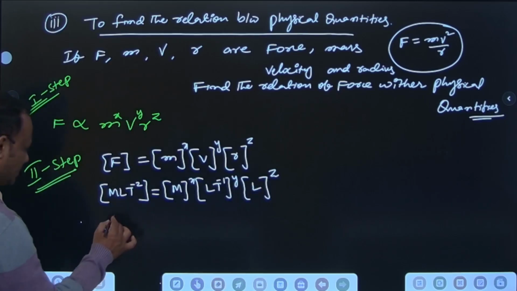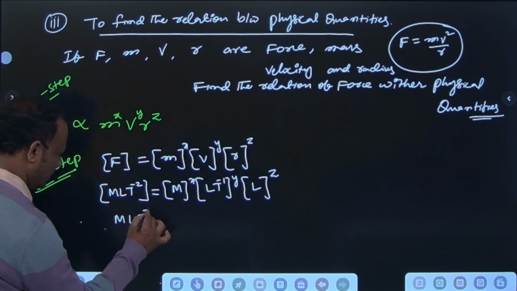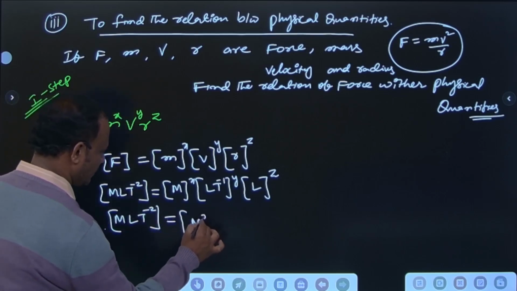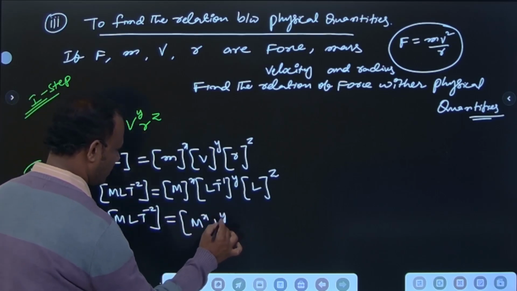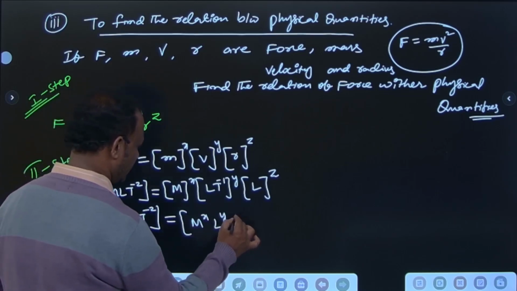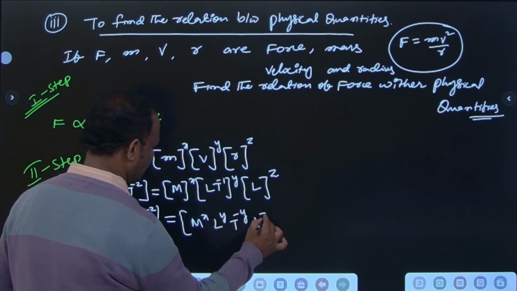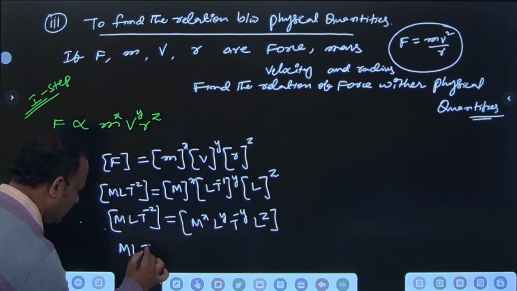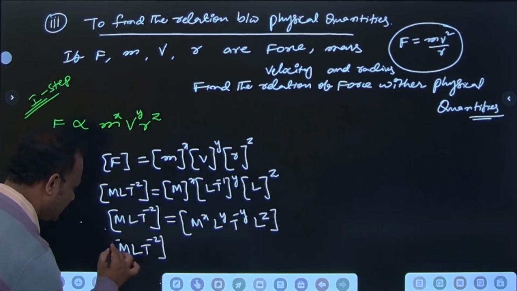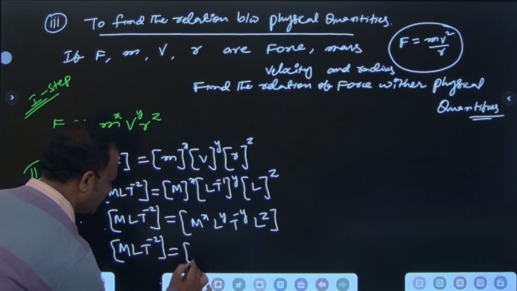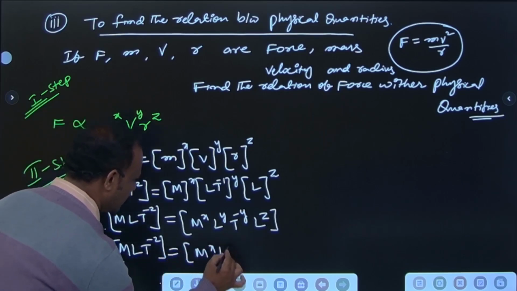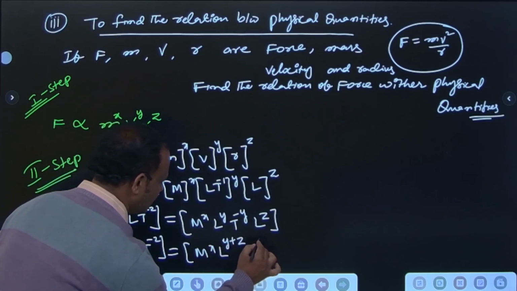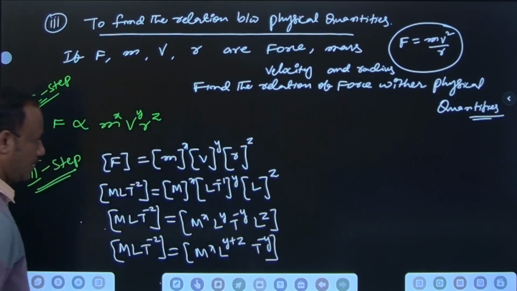Go for simplification: MLT minus 2 equals M to the power x, L to the power y, T to the power minus y, L to the power z. So MLT power minus 2 equals M power x, L power y plus z, T power minus y.